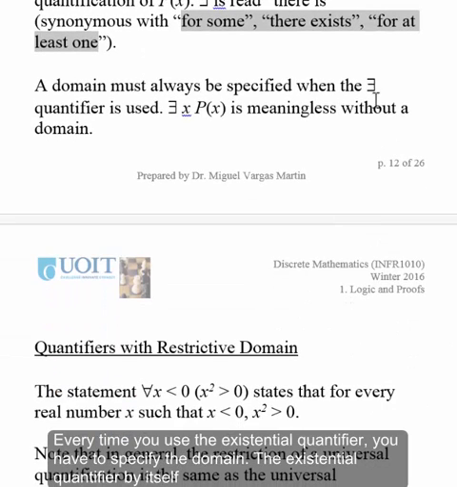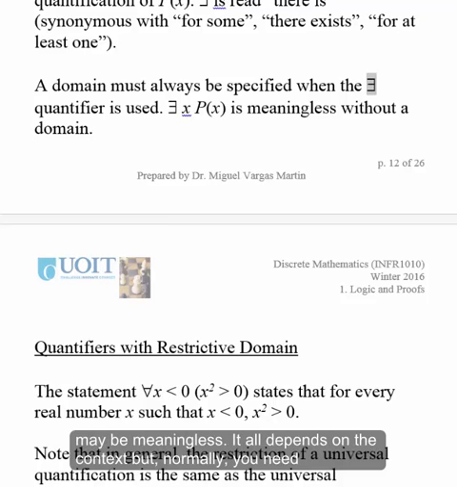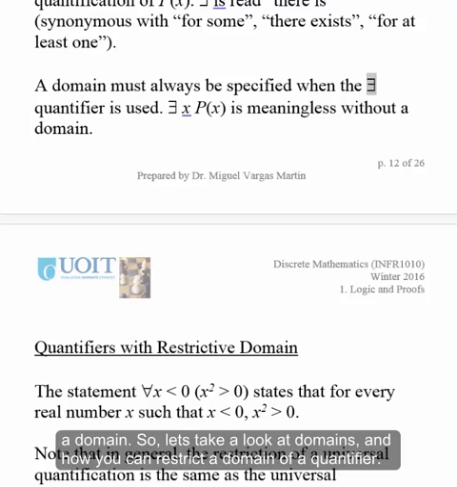Every time you use the existential quantifier, you have to specify a domain. The existential quantifier by itself may be meaningless. It all depends on the context, but normally you need a domain. So let's take a look at domains and how you can restrict the domain of a quantifier.